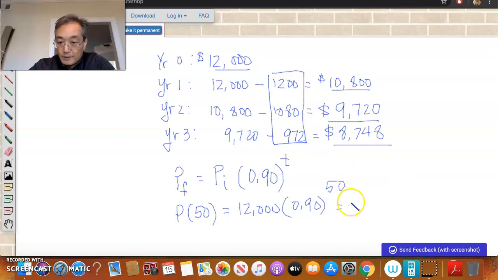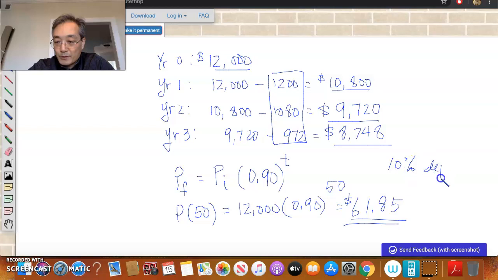So in year 50, this car is going to be worth about $61.85, given a 10% rate of depreciation. In other words, how much is the car going to be worth if 10% depreciates? It's going to be worth 90%, right, every year, so 50 years, starting with a $12,000 purchase price of the car. That's definitely not $2,000.